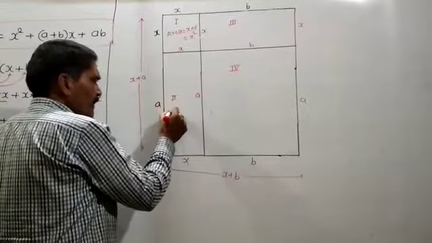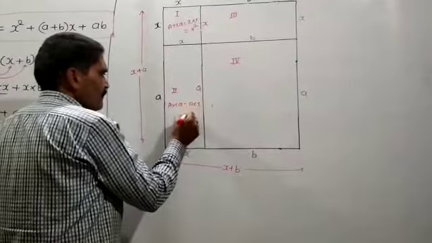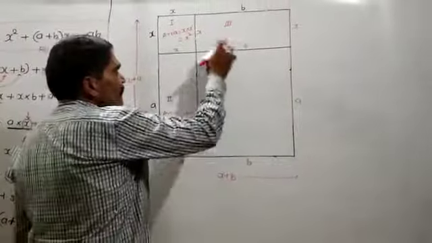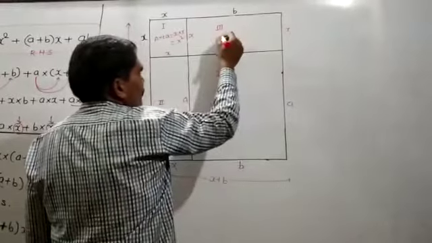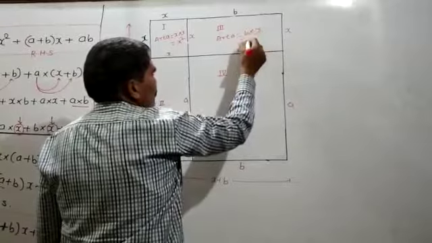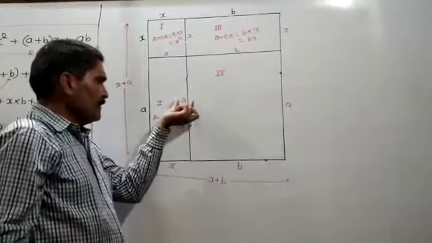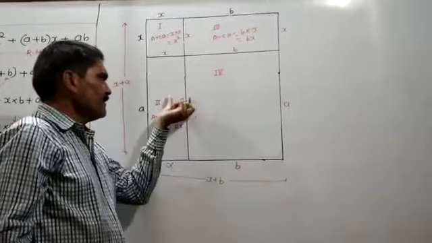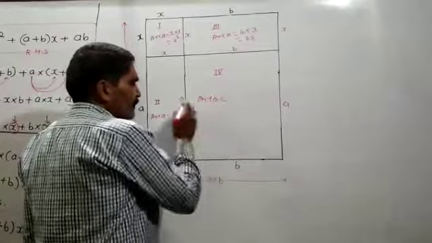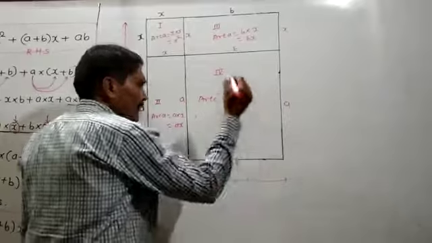At that time area is equal to a multiplied by x, which is ax. For the third part, this is the length, this is the breadth, area is equal to b into x, which is bx. And for the fourth part, this side is b, this side is a. Area is equal to the product of the adjacent sides, a multiplied by b, which is ab.